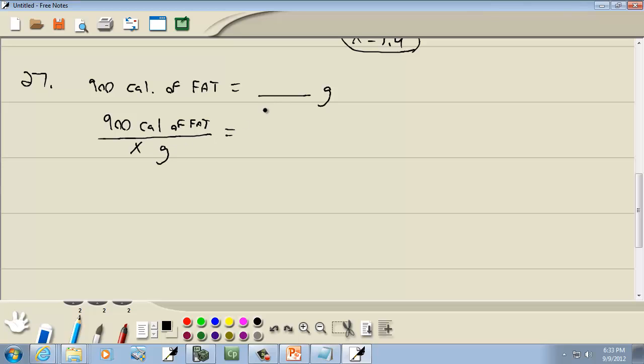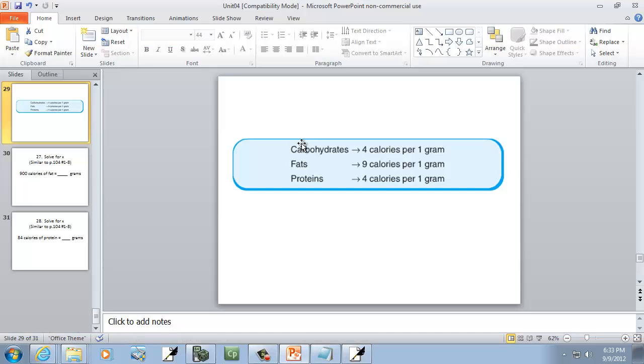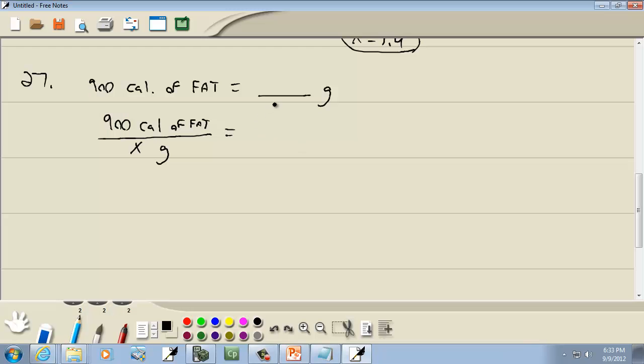That's what this is saying. And we want calories up here, so I come over to the fat. Fat says 9 calories per 1 gram. So I want 9 calories up here, and I want 1 gram here. Again, calories is on top here, grams, calories, grams. Has to match that. If it does, you can just drop them.